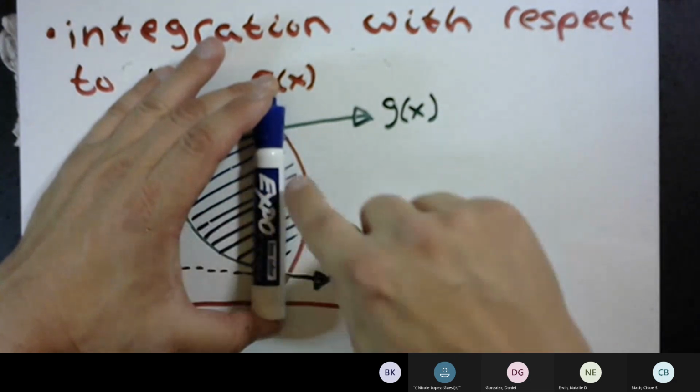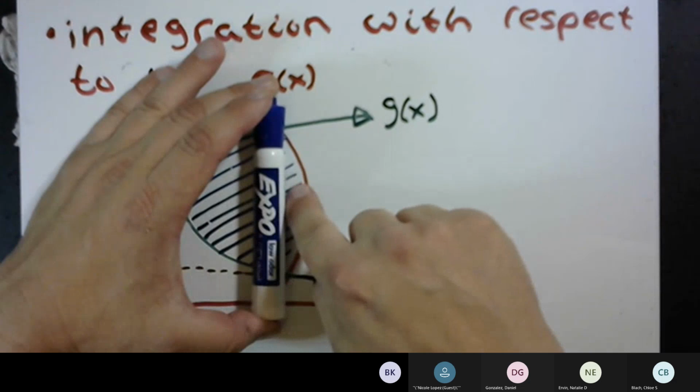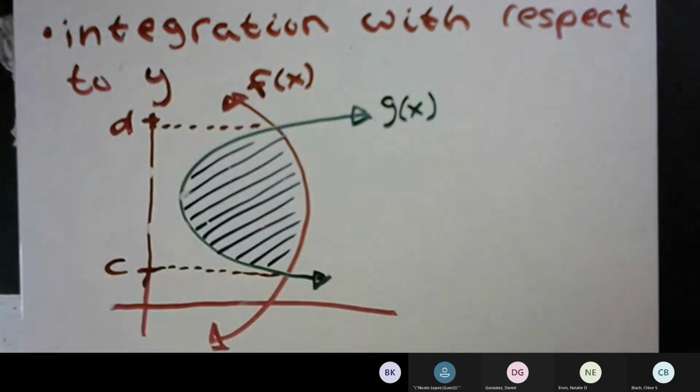And then these two areas, you'll have to add up at the end. I'll be honest, this could be a real nuisance. So there's a better way of looking at this.